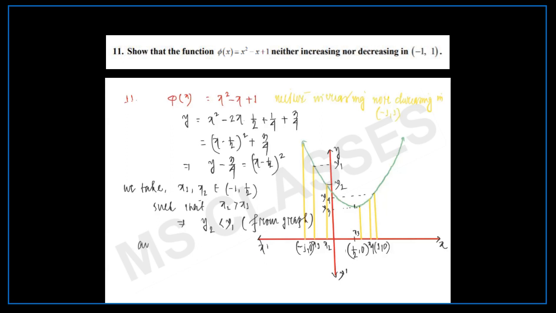And when x3 comma x4 belongs to half comma 1, such that x4 greater than x3, which implies y4 greater than y3 from graph.